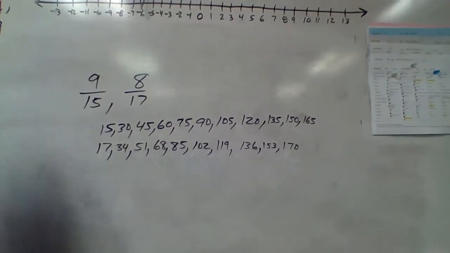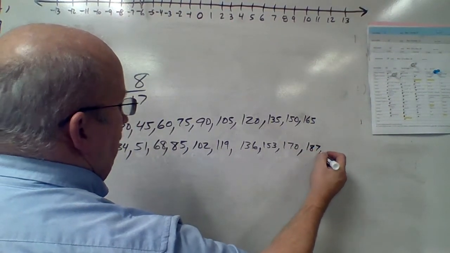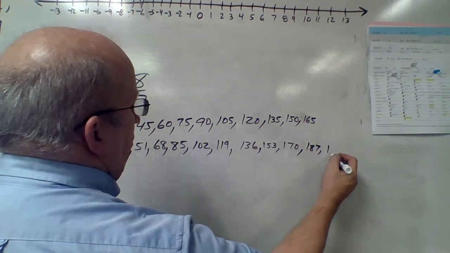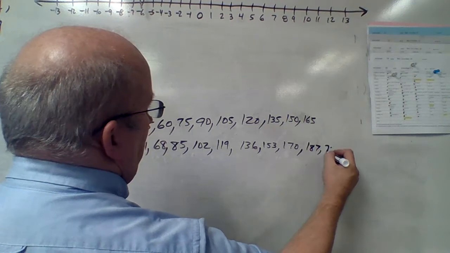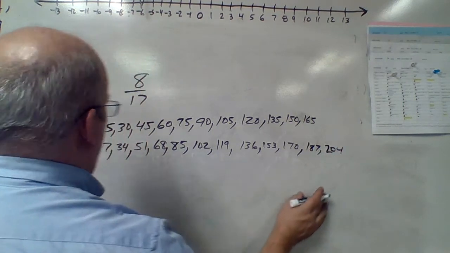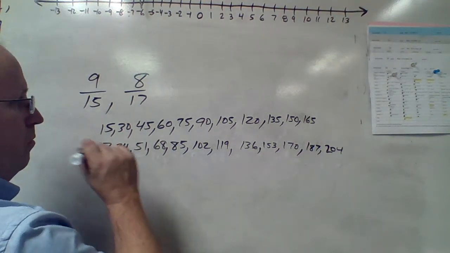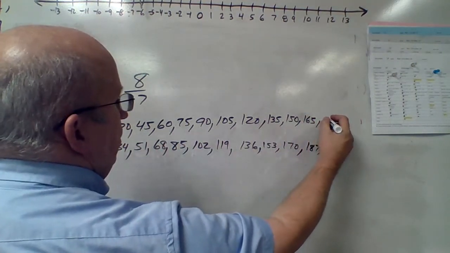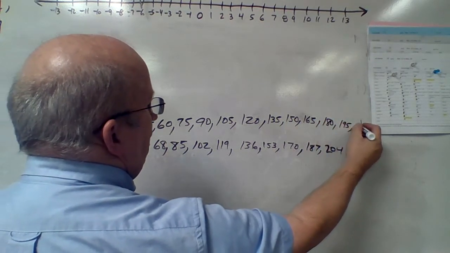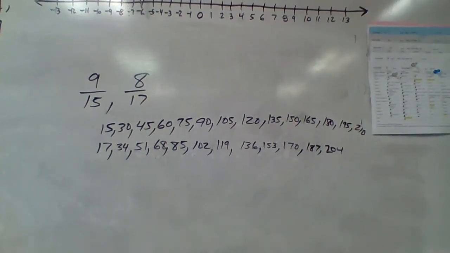We're not getting there anytime soon, are we? Let's go 187, and let's go how about 190, 207, 204 rather. What's the next one up here? The next one up here would be 180, and then 195, and then 210. Ooh, we still haven't found it yet, have we?